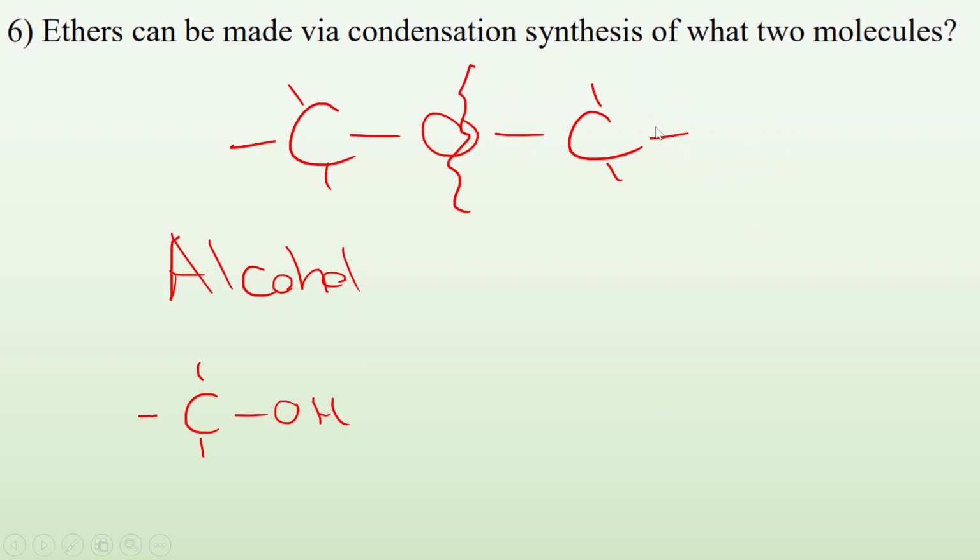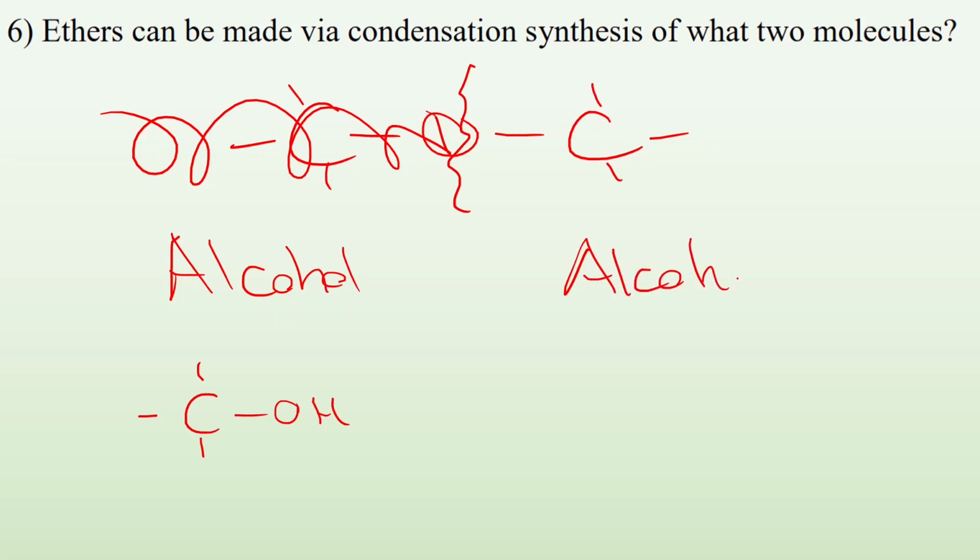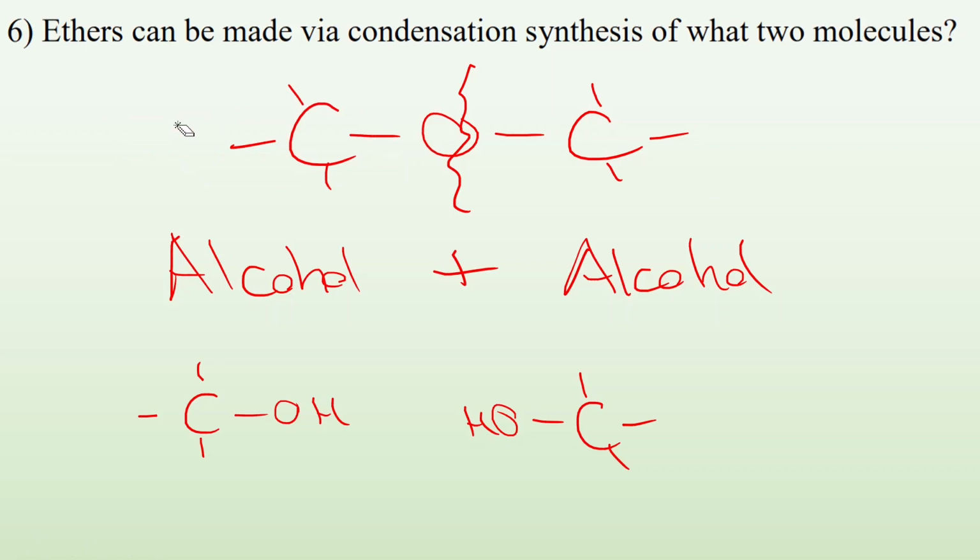Now, if I do the same thing and ignore the left side, what's it look like? It also looks like an alcohol, right? Because I have the same thing going on over here. So what two molecules? It's an alcohol and an alcohol, always. So an alcohol reacting with an alcohol via condensation synthesis gives you an ether.